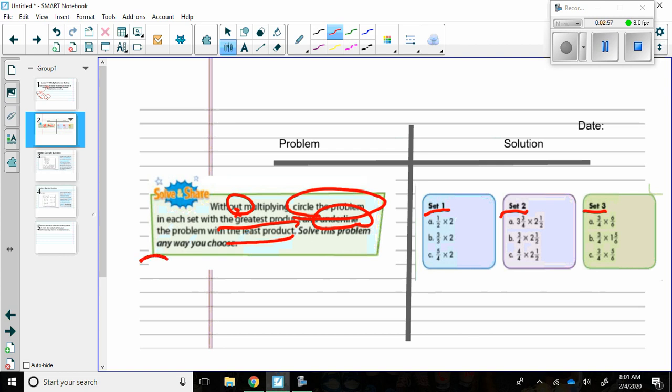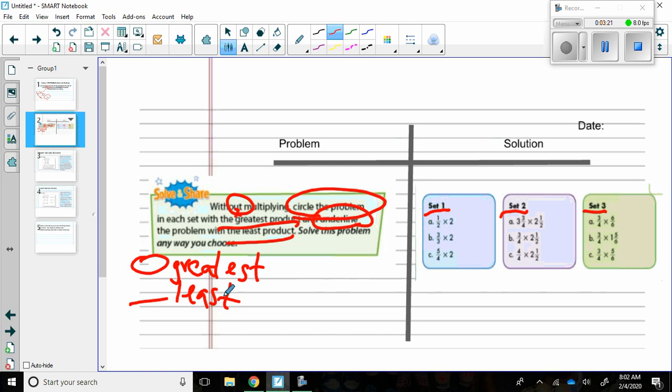I think everybody should be visualizing this and writing down what you need to do. You're going to circle the greatest, and you are going to underline the least. So you need to do that in set 1, set 2, and set 3.